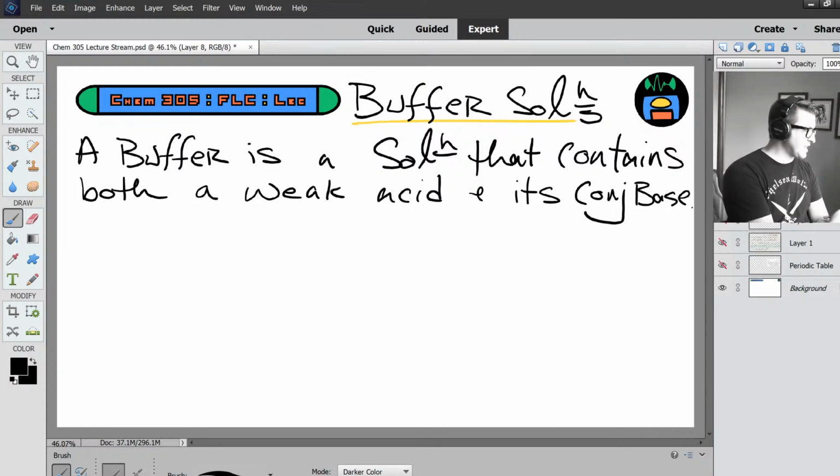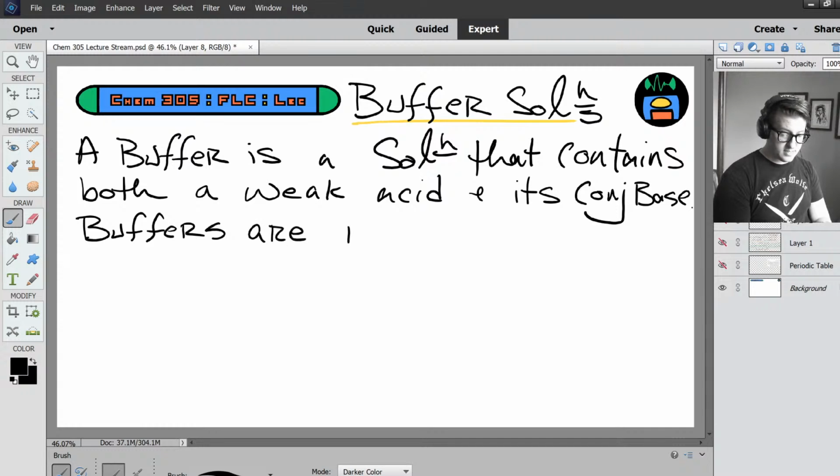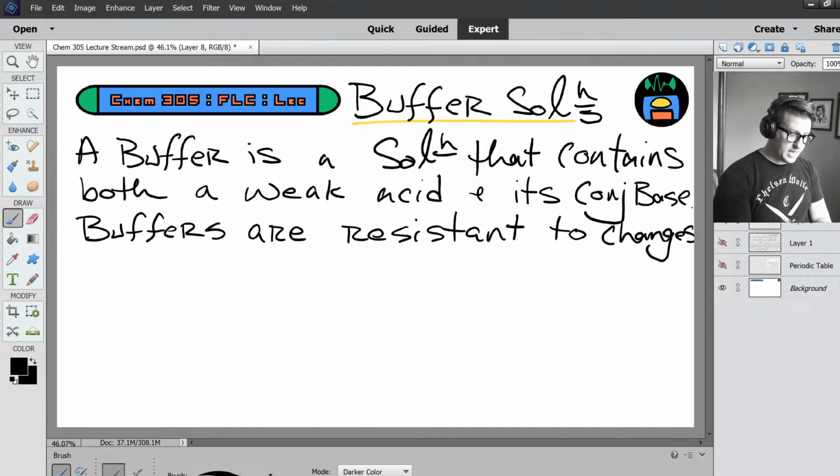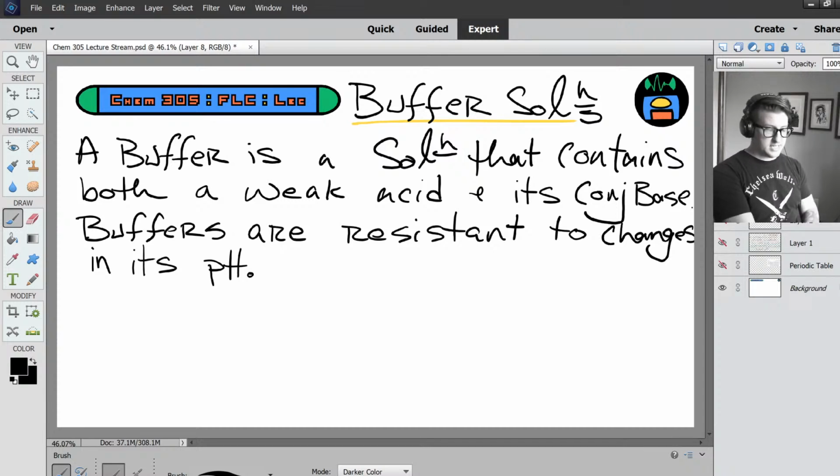And buffers are resistant to changes in their pH.